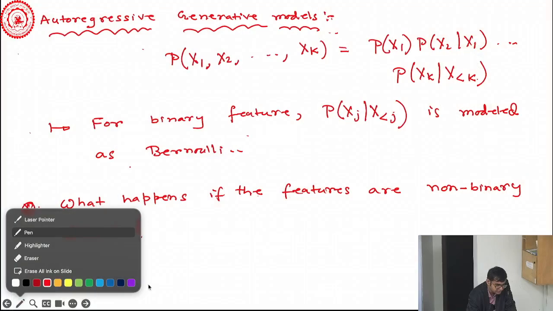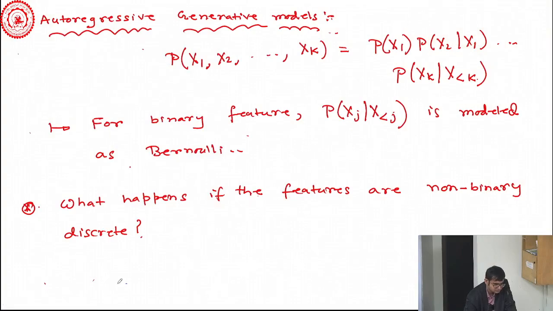Now, in this case, what you do is very simple. You basically model the last layer using a softmax activation function. Okay, so basically in this case, what you do is, first thing is the conditionals, right?